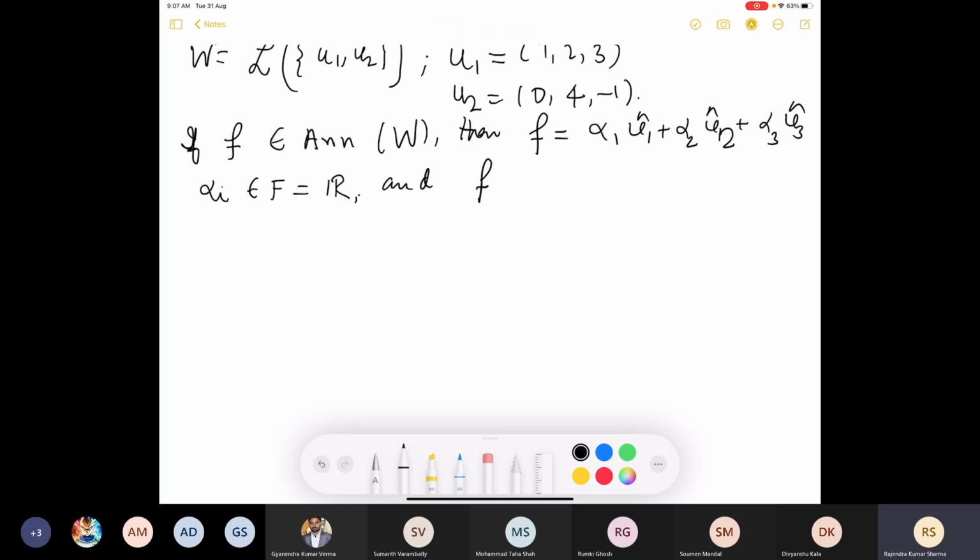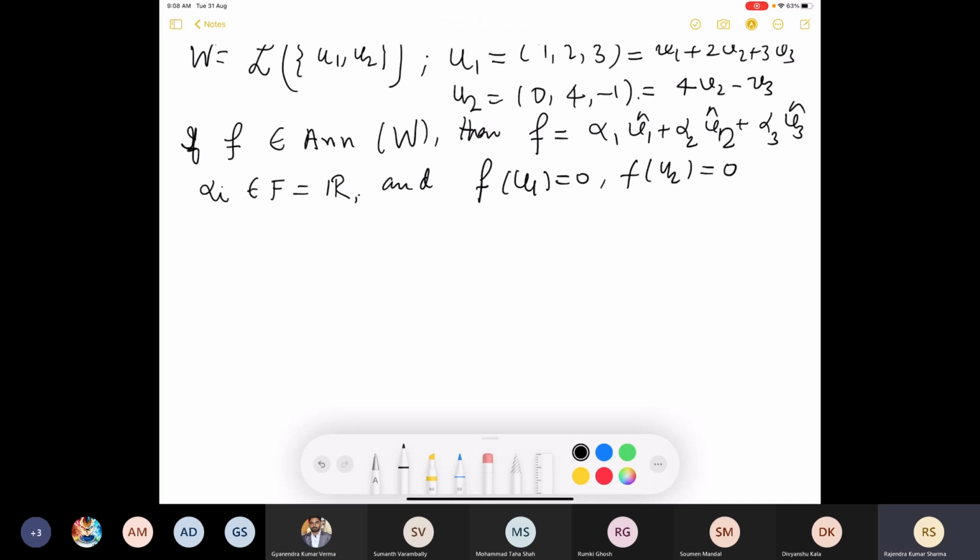Therefore, in particular, f(U1) is 0 and f(U2) is also 0. Now U1 is (1, 2, 3), so with respect to the standard basis this is V1 plus 2V2 plus 3V3, and U2 is 4V2 minus V3.